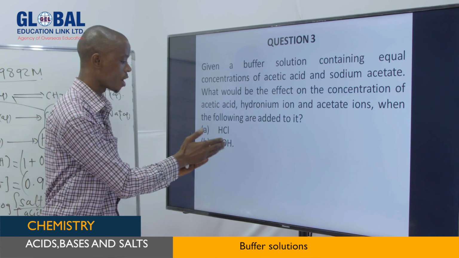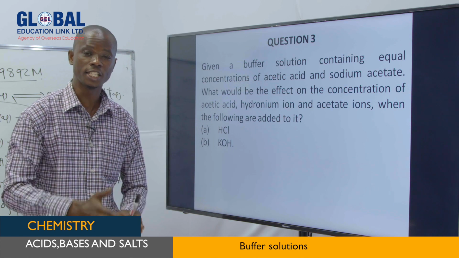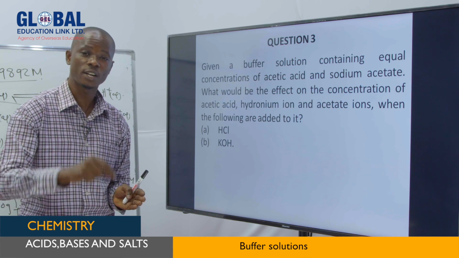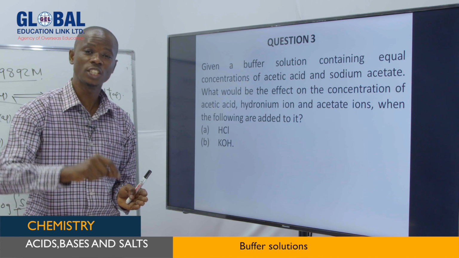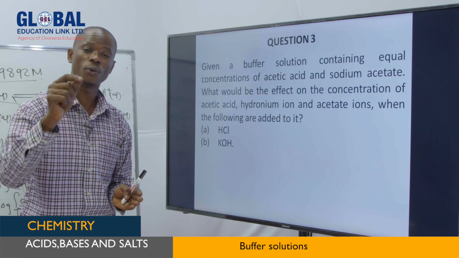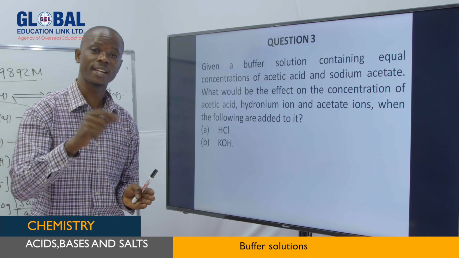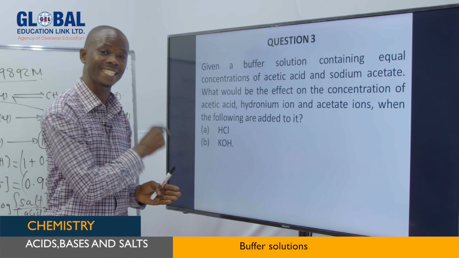When you add, for example, hydrochloric acid, it will give the hydrogen ion. That hydrogen ion will increase the concentration of it, making the pH lower. So what will happen there? The acetate ions from sodium acetate will react with it to form acetic acid.